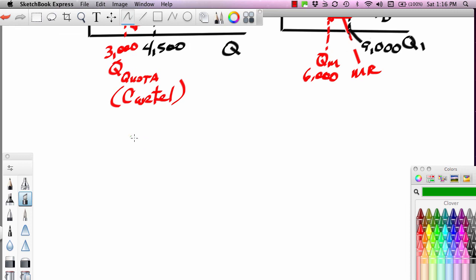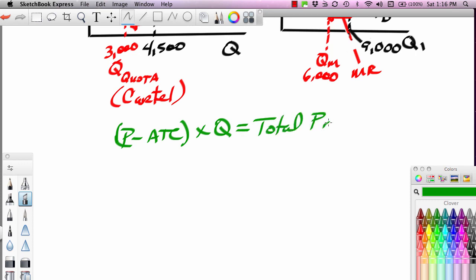So price minus ATC times what? Times Q equals what? Equals total profit. So what do we have here? The price is 20 minus average total cost of 16.